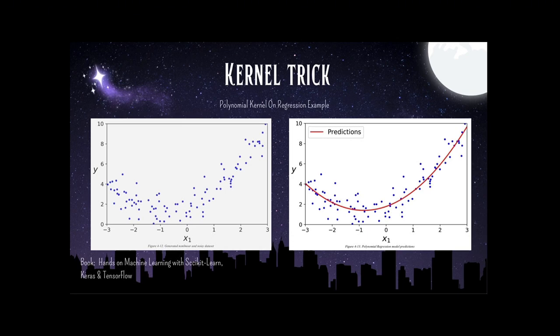So if we try to use simple linear regression, it won't fit here because it won't capture all the data points. Instead, after applying the polynomial kernel, one of the most common kernel methods, it fitted most of the data points. So here I wanted to visualize how kernel trick methods work on live data points.